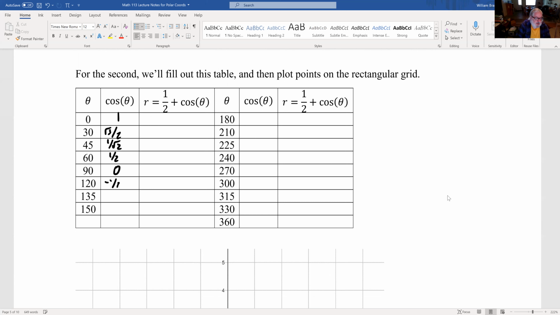So minus 1/2, minus 1 over root 2, minus root 3 over 2, and then we get to cosine theta is minus 1. And now we decrease back down to 0. So minus root 3 over 2, minus 1 over root 2, minus 1/2, back down to 0, and then we climb back up to 1.